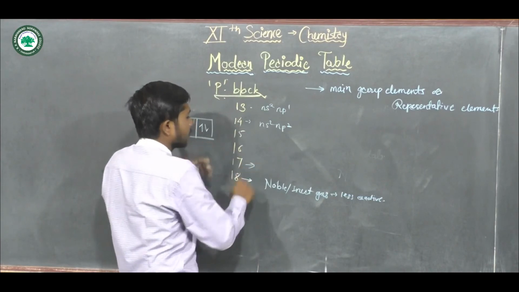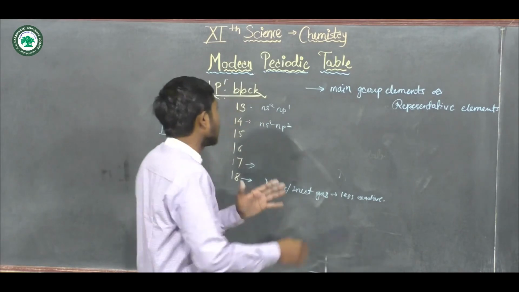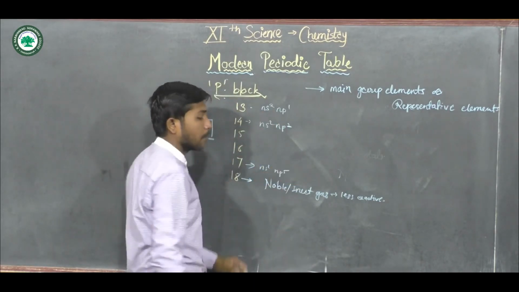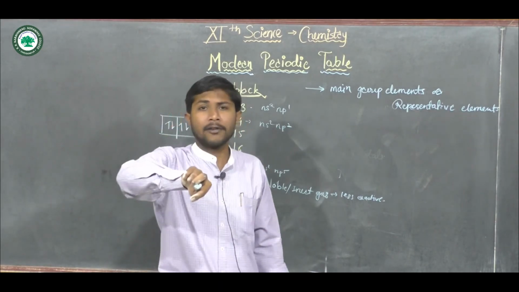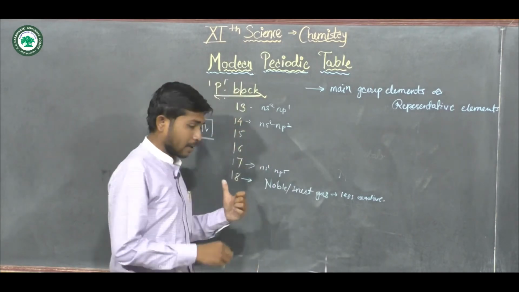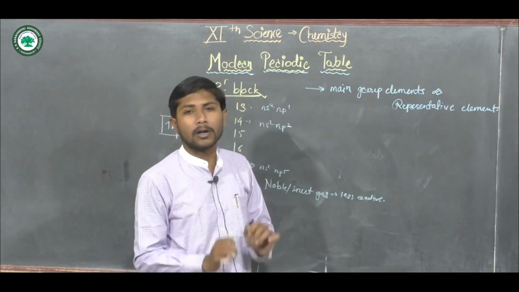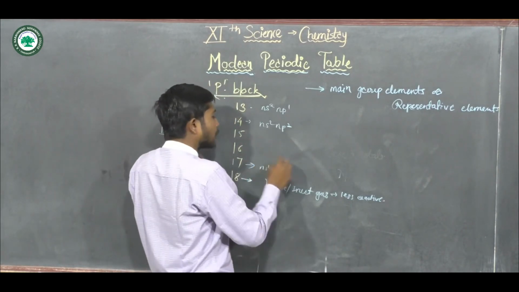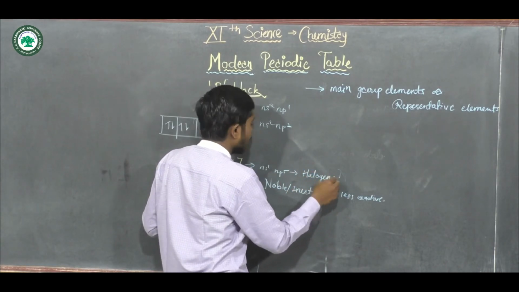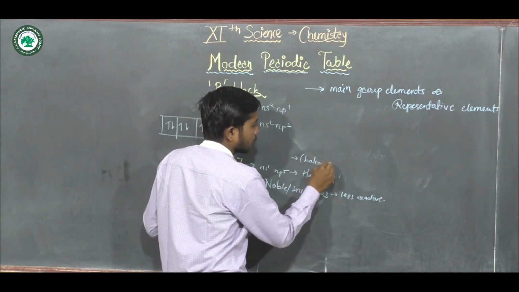Group 17, as we know, has the general electronic configuration ns2 np5. That means they are readily available to accept an electron and attain the complete octet. That's why group 17 elements are known as halogens, and group 16 are known as chalcogens.